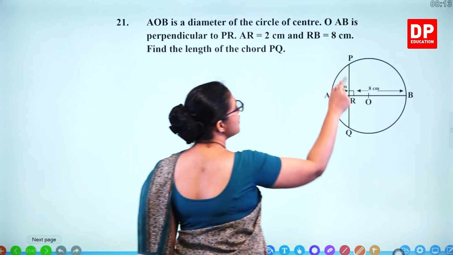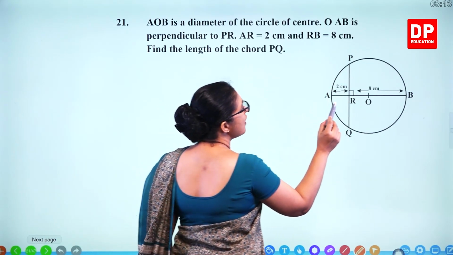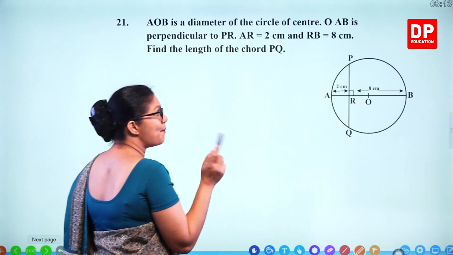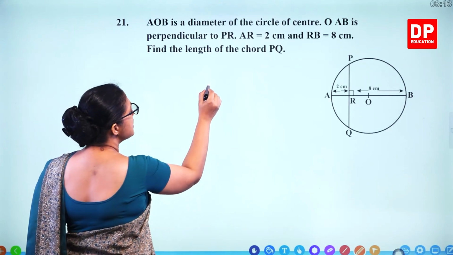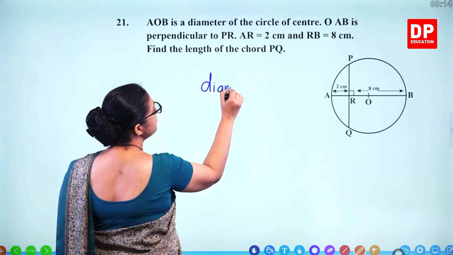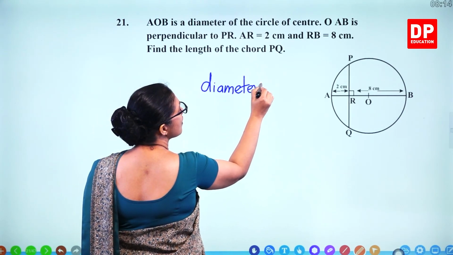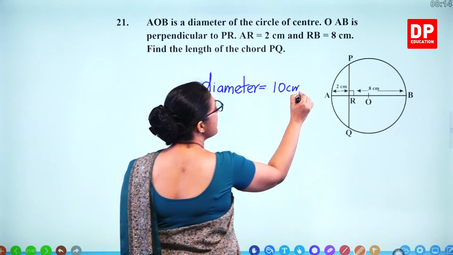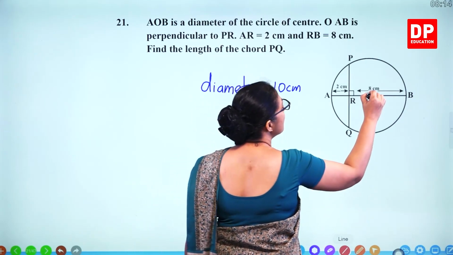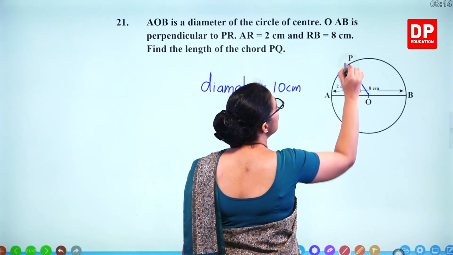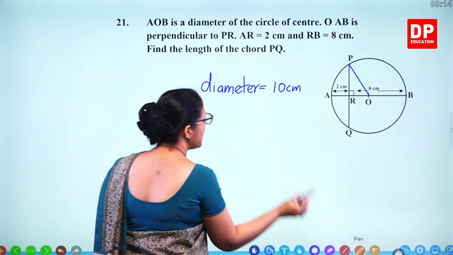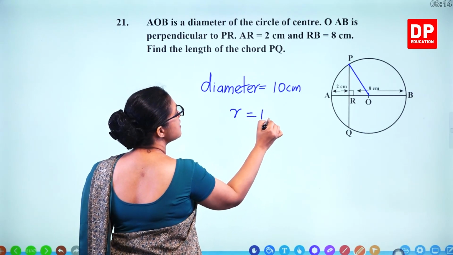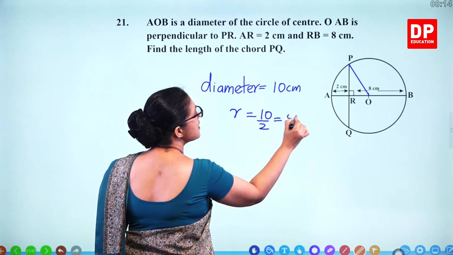We need to find out this one. So here, what's the diameter? Diameter is equal to 8 plus 2, 10. So the radius is 10 divided by 2, 5 centimeters.